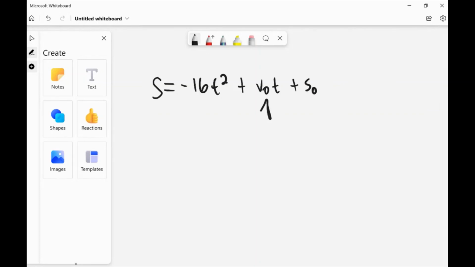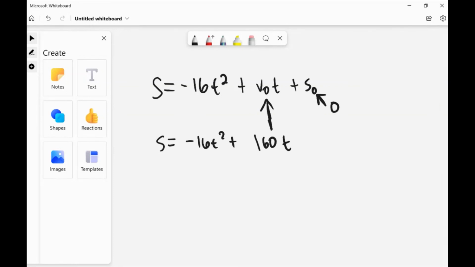And then we said the velocity was 160, so 160t. I've just made a substitution. This is going to be 0. Didn't they tell us that was 0?